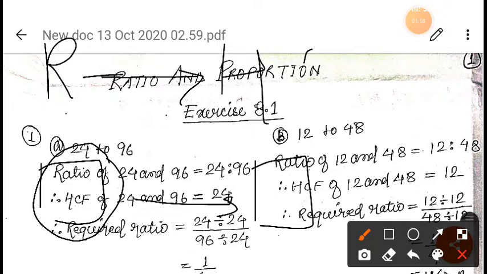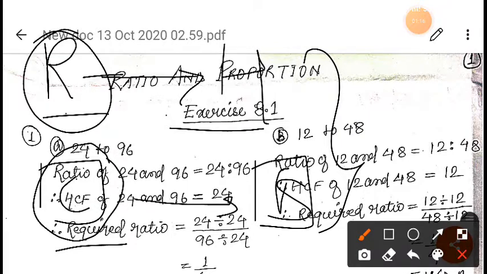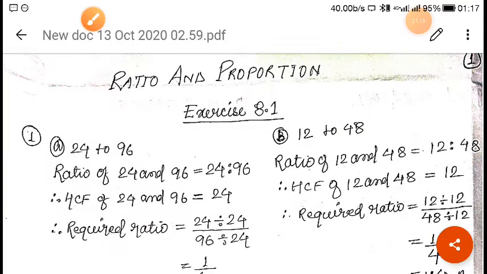In these two examples, two quantities of the same type are being compared, right? But we can compare these two quantities in two different ways, okay?